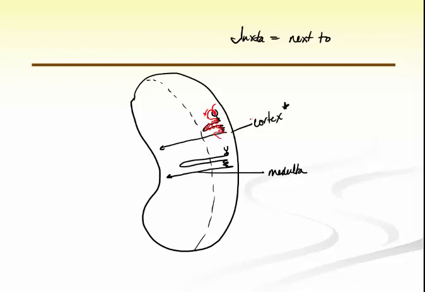Whereas the juxtamedullary nephron is going to have vasa recta. Now vasa in Latin means vessel, the way we would use it in English, like a vessel of the cardiovascular system. Recta means straight. So these are the straight vessels.